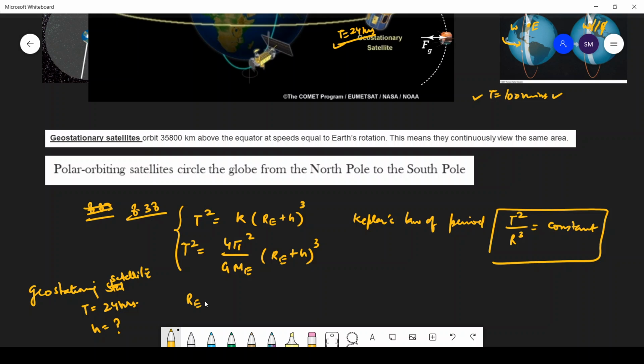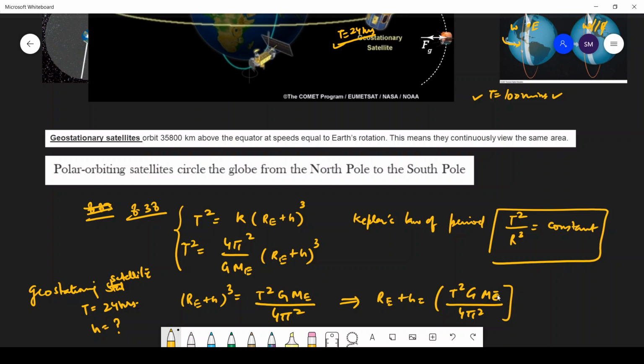Writing it in terms of (Re + h) whole cube will be equal to, so this GMe will go that side, so that's T square into GMe divided by 4 pi square, which will come here. Further now Re + h is equal to the cube root of T square GMe upon 4 pi square.